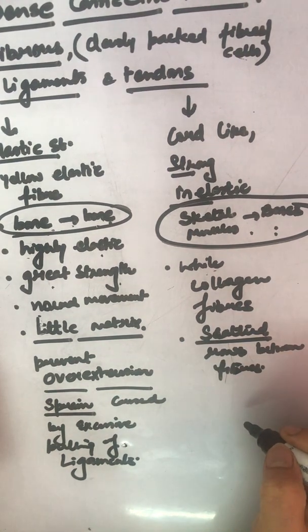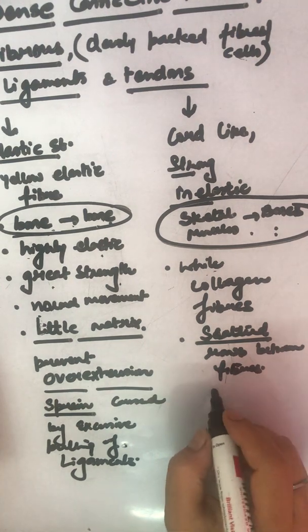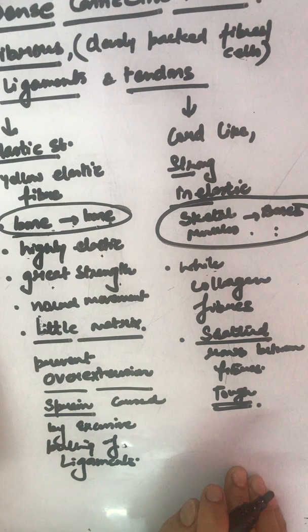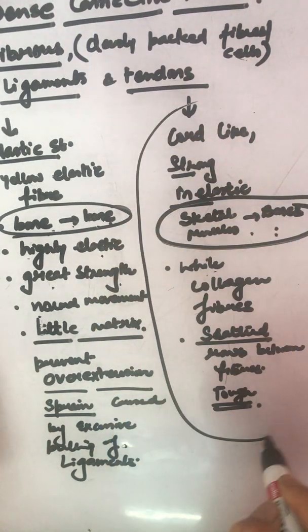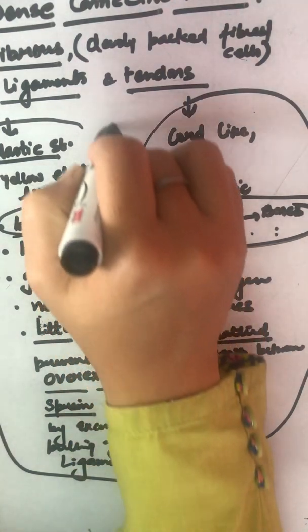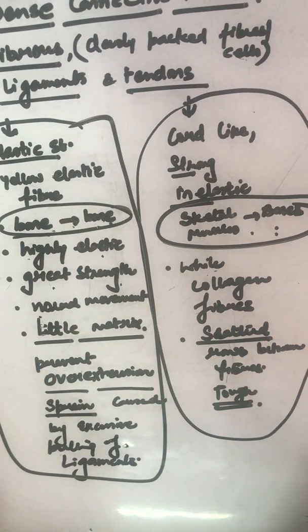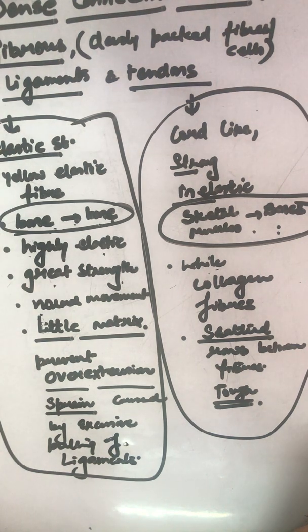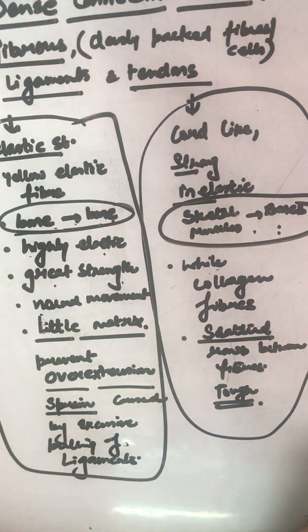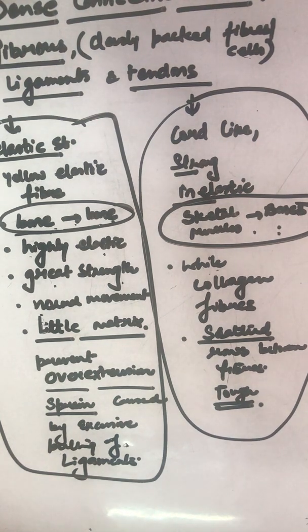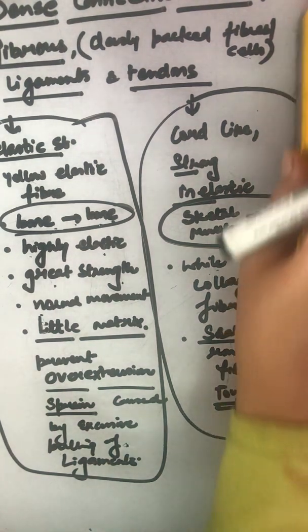Then they are tough muscles. So tendons are known for their specific characteristics, and ligaments are known for their specific characteristics. At least you should know 4 to 5 differences between the ligaments as well as the tendons. Fine. Now moving to the third type of tissue, that is the adipose tissue.